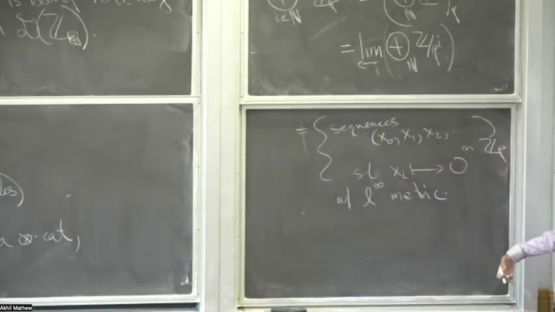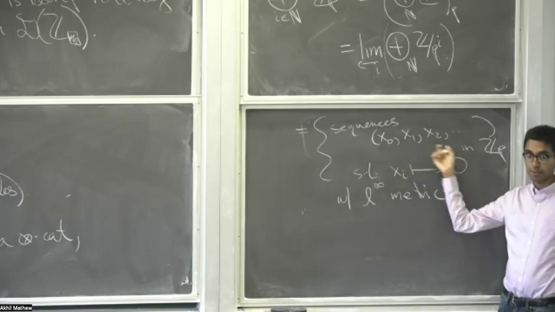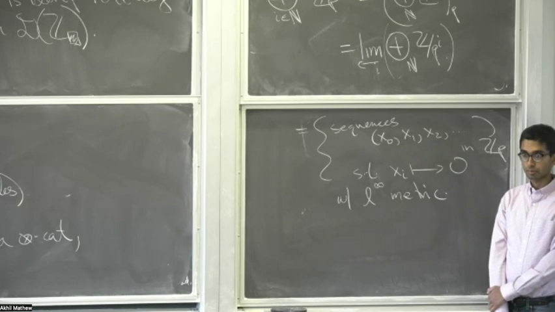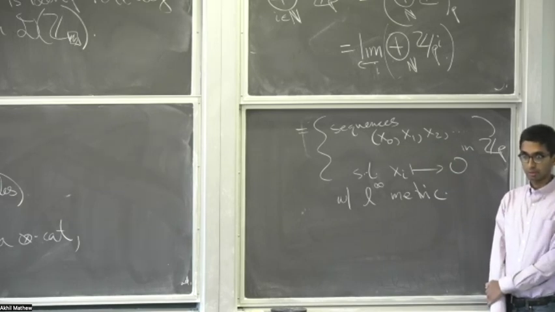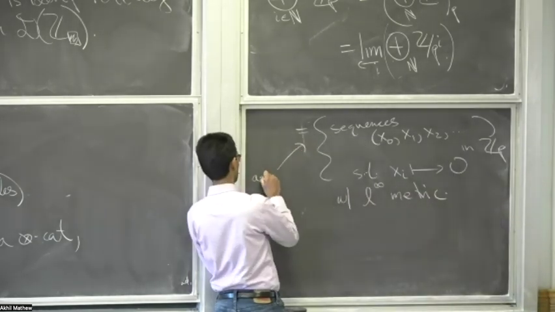So this is the unit ball in a p-adic Banach space of all sequences with coefficients in Q_p that are convergent to zero. This description looks familiar, but it's a topological description.